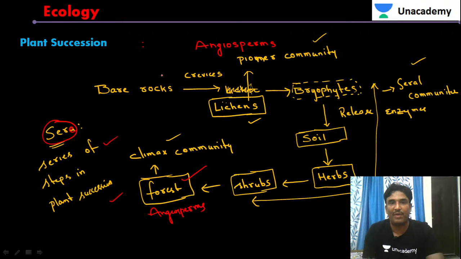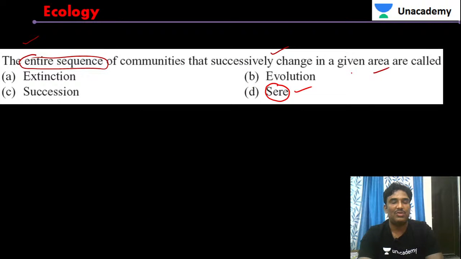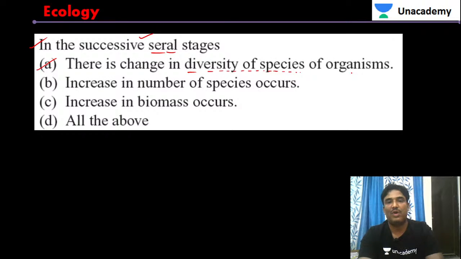Soil is formed due to the degradation of bare rocks, supported by lichens and bryophytes. To degrade the rocks into soil it took thousands of years, not one or two years. From the soil, herbs, shrubs and finally trees dominated. All of that is called succession.